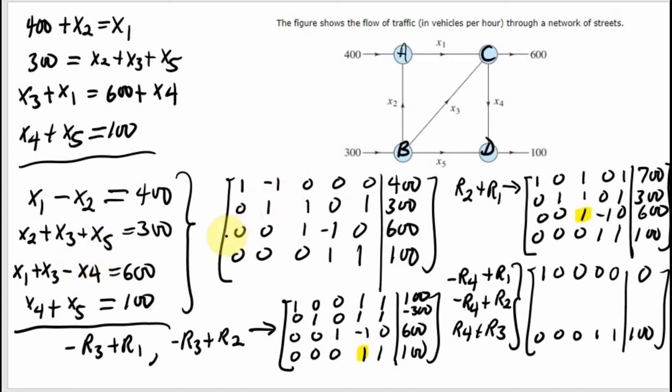So see that guy, it should have been a 1 here. So it's 1, 0, 1, negative 1. Yep. So let me just erase everything else because I'm really mad, right?